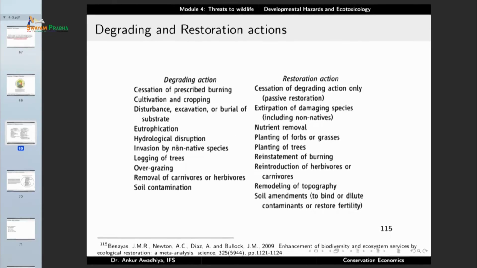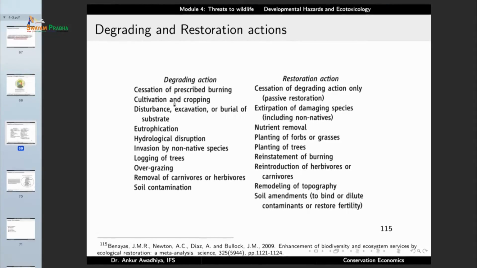Nutrient removal. In cases where you already have a eutrophication, you may try to remove certain nutrients to remove the negative impacts. Planting of grasses and grass-like other herbs or forbs. So especially in those areas where you have done an excavation, if you plant grasses, then the soil will get stabilized. Or planting of trees, or reinstatement of burning if you were not doing the prescribed burning.